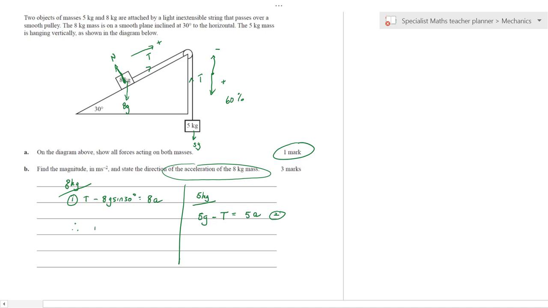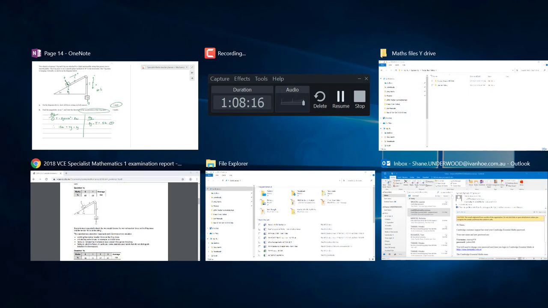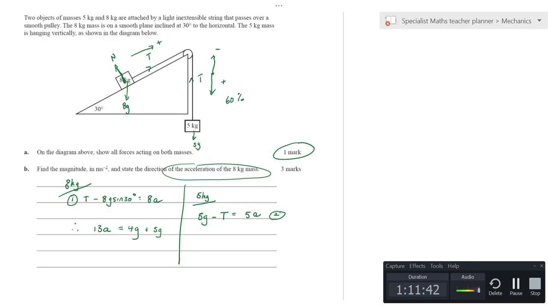We've got 13A is equal to 4G plus 5G. But I want you to think about maybe, is this right? I want you to have a little bit of a think about it. Okay, I'm just going to pause it, have a bit of a think about it. I made a mistake here.